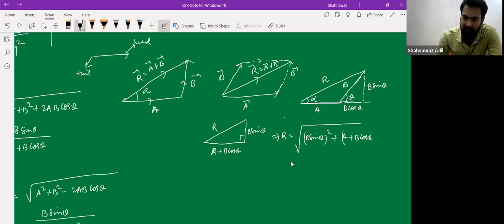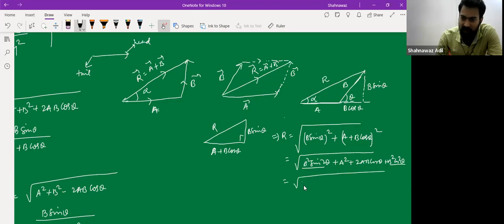So B square sine square theta plus A square plus 2AB cos theta plus B square cos square theta. B square cos square theta, B square sine square theta, B square common, sine square plus cos square, so this is B square. So B square plus A square plus 2AB cos theta. And when you rearrange them, this is how you calculate the magnitude of the resultant.